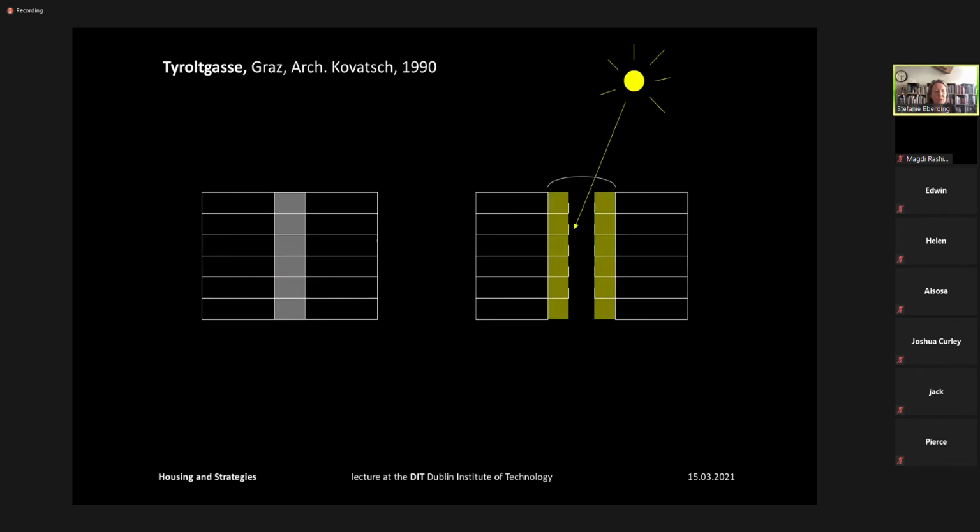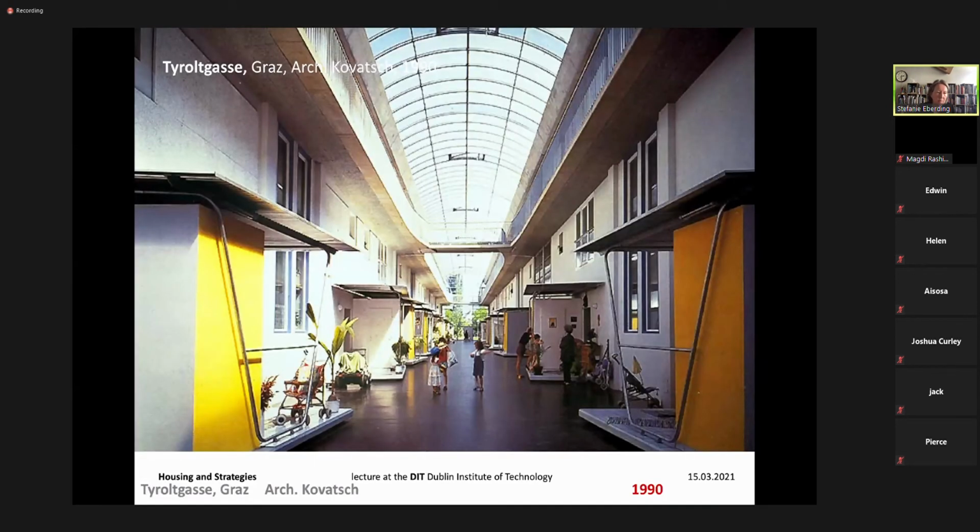Now I show you the Tyroldgasse in Graz by Kovac Architects from 1990, a strategy to get light into the corridors. They interpret the inside corridor as an urban street with the entrances towards the street, but the urban street is fully covered, and you have row house types on the ground and first level, and on the top level you have the apartments.